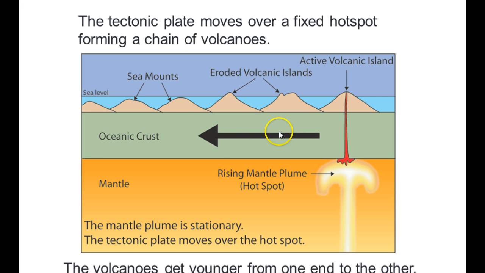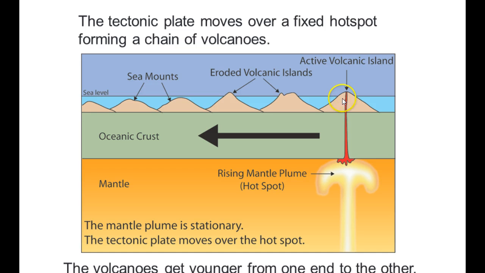So now as this oceanic crust moves the direction of this arrow, each time a plume rises up, it forms now a new island. So we're moving from right to left here in this slide. Therefore, the youngest, most active volcanic islands are nearest the hotspot, and the oldest and extinct volcanoes become older and more eroded as they move away from the hotspot.